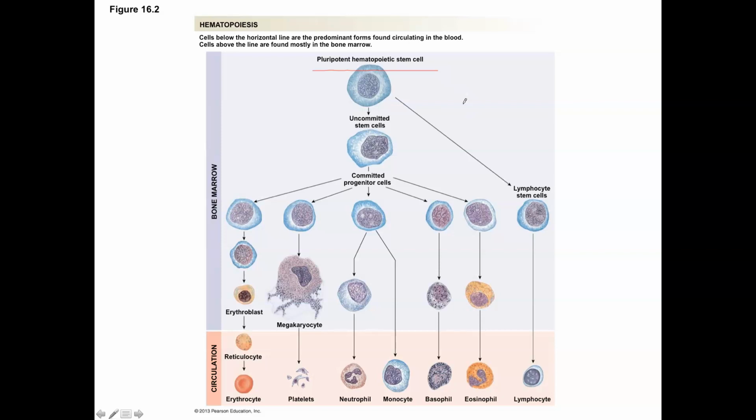If you look at a diagram like this, what you see is that there are various pathways for the production of different types of blood cells. So for example, this lineage is for the production of red blood cells. So this would be known as erythropoiesis.